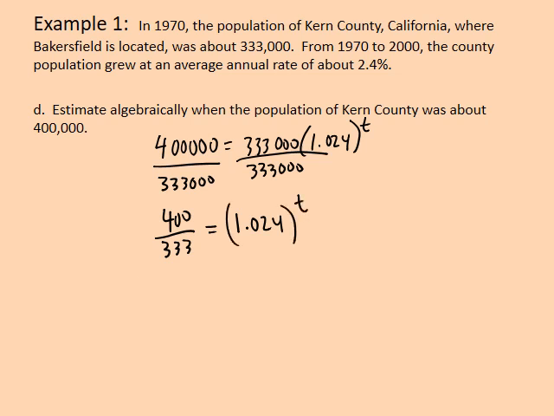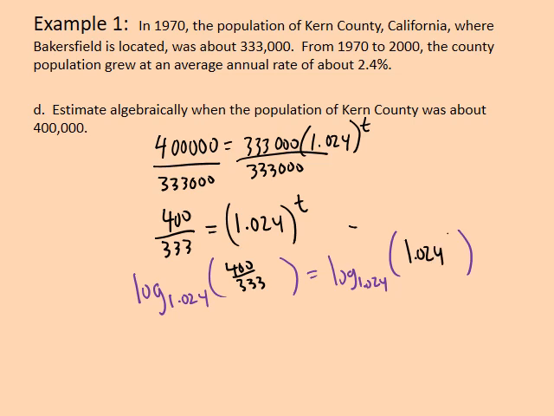Now we need to take the log base 1.024 of both sides. Once we've taken the log of both sides, on this side, the logs undo each other, and we're just left with t.